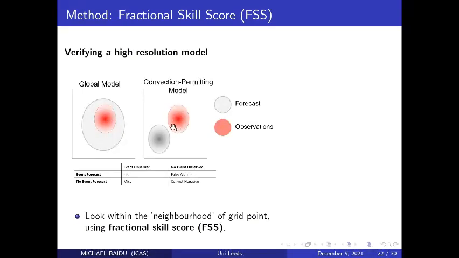But when it comes to the high resolution convection permitting model, you realize that it has actually simulated a storm, but it has put it in the wrong location.